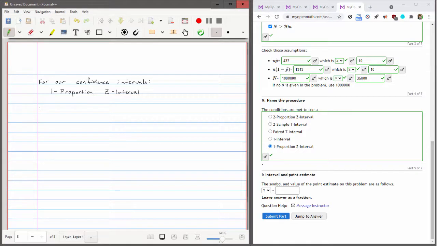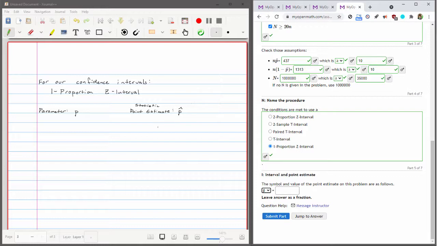Right, so our parameter is P. Our point estimate, we could also say our statistic, is the symbol P with a hat over it.